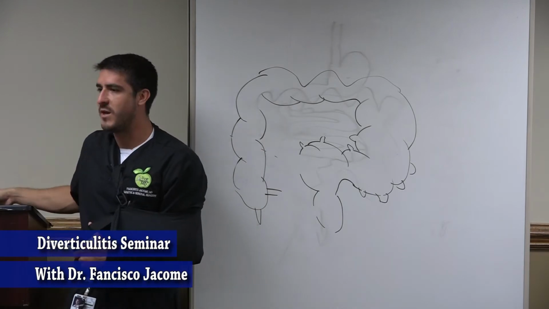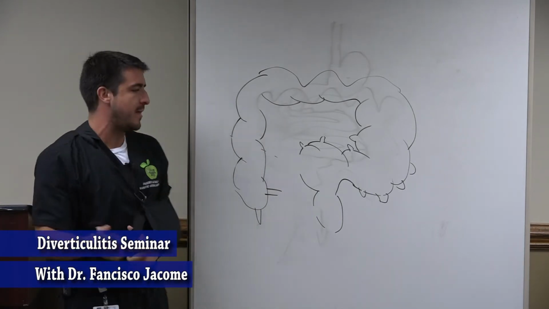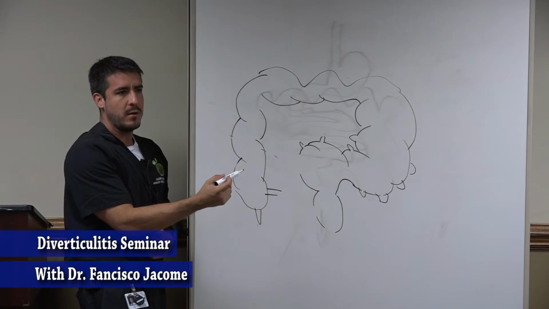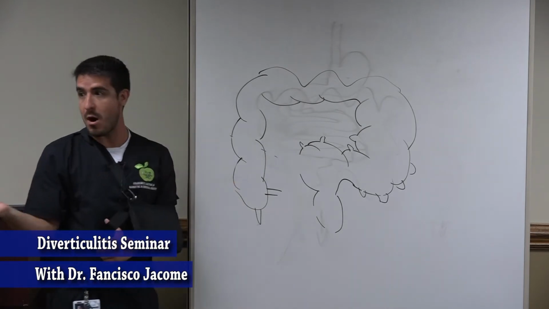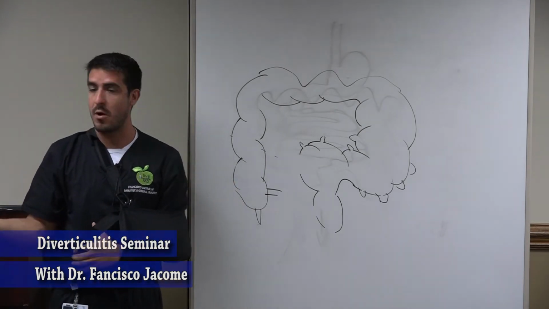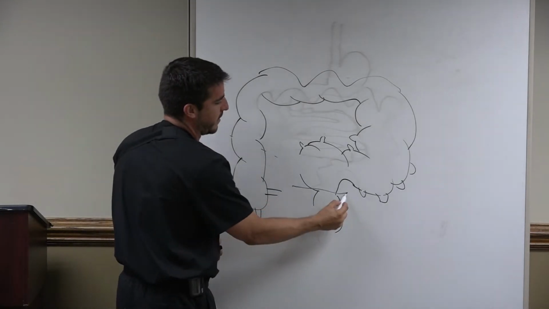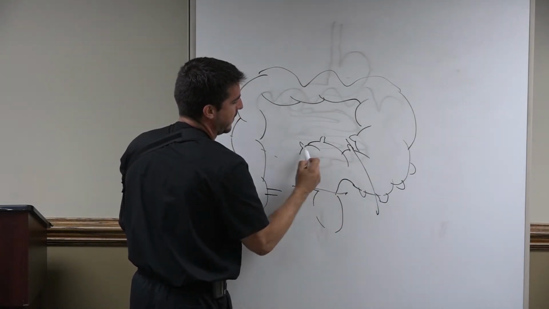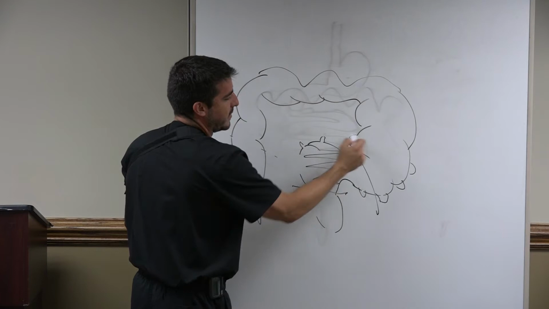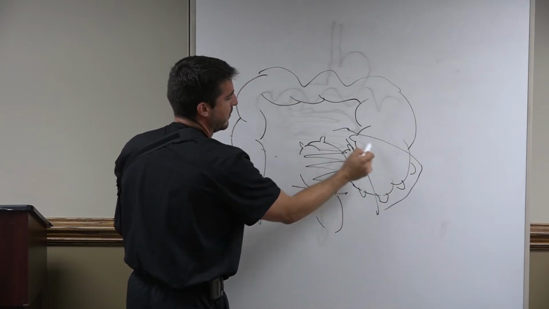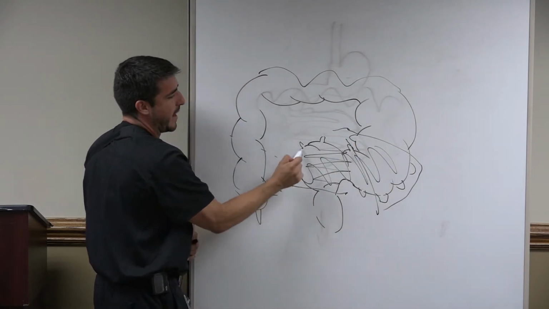The hole is so big that it's not going to seal on its own. So we have to take the part of the colon that has the problem out. We have to cut over here and cut over here and take all this part out. If we can see all the way to where the diverticulums are, we'll take everything out.